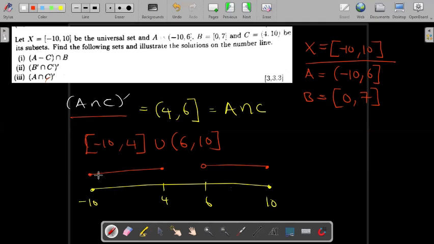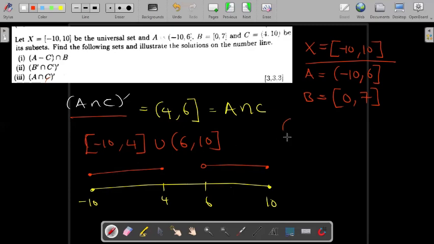By the definition of complement, it means all elements that are not in that set, but they sit in the universal set. So I see that 10 sits in the universal set, and it's not in this set here. So it will be part of the complement of what? Of this set which I'm looking for here, which is A intersect C complement. That's why we include those endpoints there.